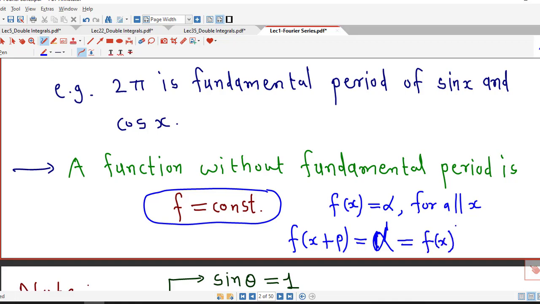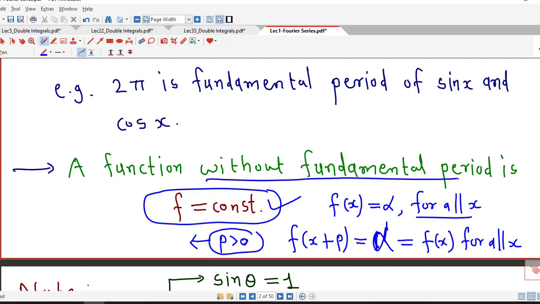So we have f(x + p) equal to alpha for all x. So every positive real number p is a period of the constant function f(x) equal to alpha, and we know that it is not possible to find the smallest positive real number. Therefore the constant function is a periodic function without a fundamental period.